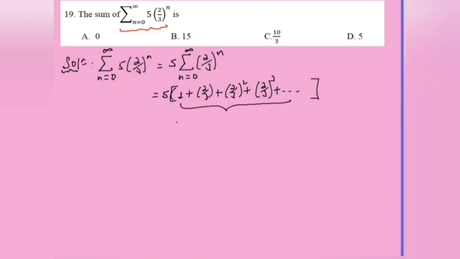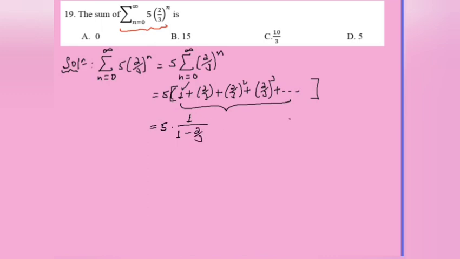Definitely this is an infinite geometric series where the first term is 1, and the common ratio is the ratio of consecutive terms, which is 2 over 3.